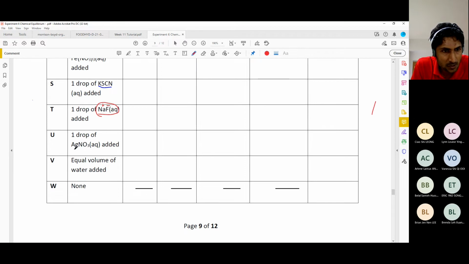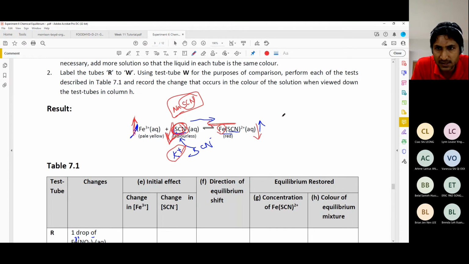For EU, 1 drop of silver nitrate was added. Silver nitrate is a salt as well. It can be dissociated into this form, NO3 minus, in the aqueous medium.